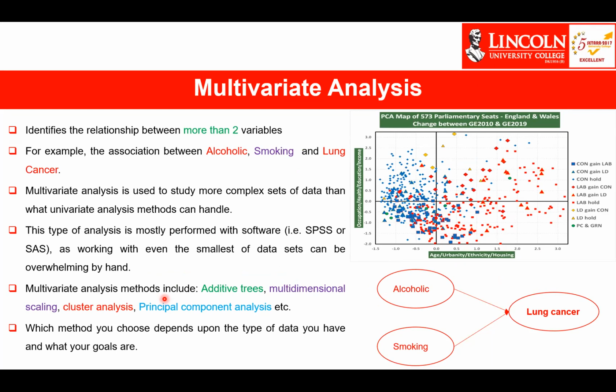This type of analysis is mostly performed with software such as SPSS or SAS, as working with even the smallest of data sets can be overwhelming by hand. Multivariate analysis methods include additive trees, multidimensional scaling, cluster analysis, principal component analysis, and so on. Which method you choose depends upon the type of data you have and what your goals are.